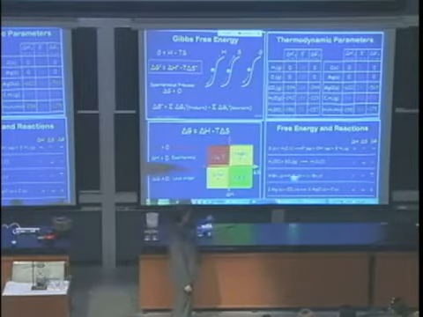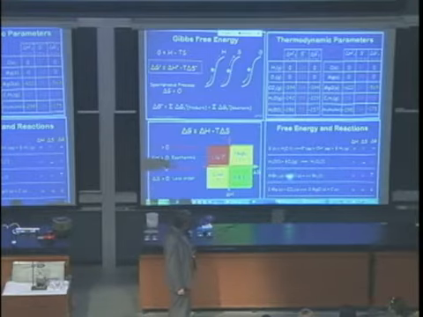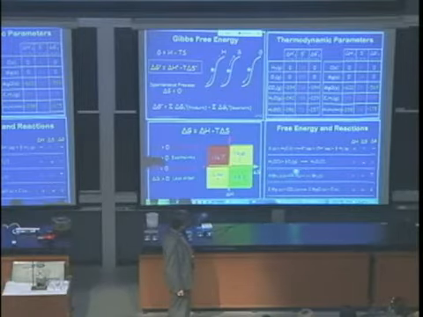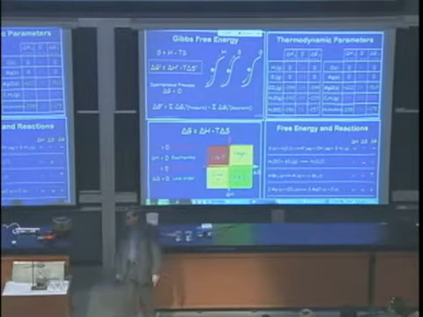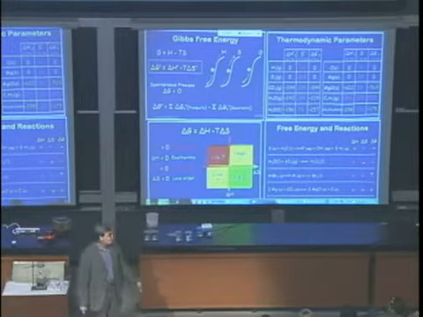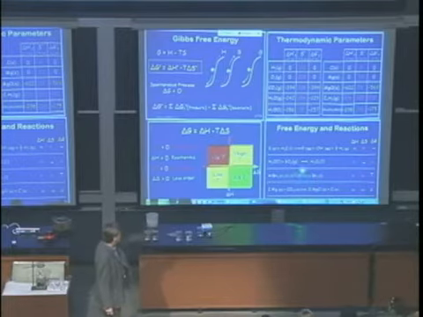Sometimes we had to go in the opposite direction in order for it to be negative, because, for example, aluminum bromide will not spontaneously form aluminum and liquid bromine, and this was a positive delta G at room temperature. That means we had to do this in reverse. We used aluminum and liquid bromine, and then we fired it up and it became aluminum bromide. You know, it was an exothermic reaction.